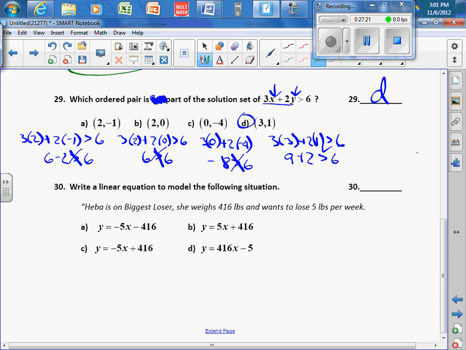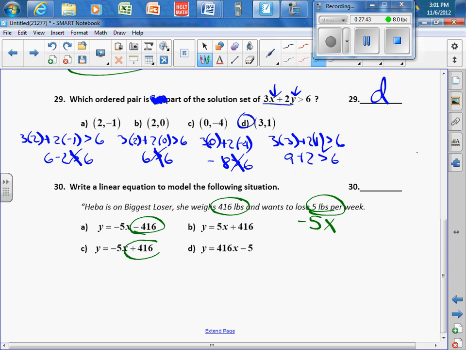Number 30, write a linear equation to model the following situation. We have somebody who weighs 416 pounds and wants to lose 5 pounds per week. Well, that means that we're going to have negative 5x. Now, does she weigh a negative 416 pounds? I don't think so.